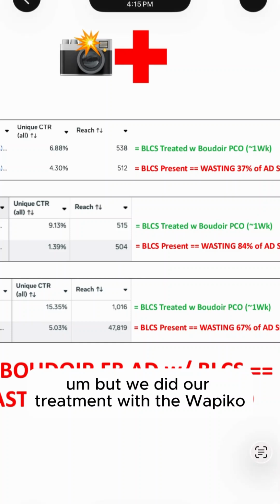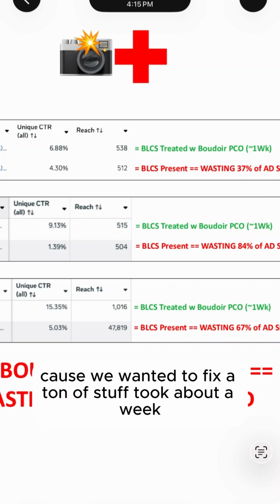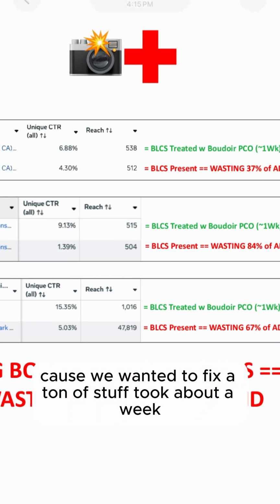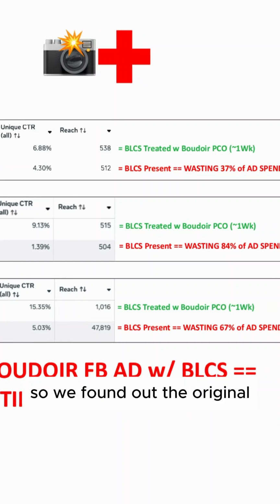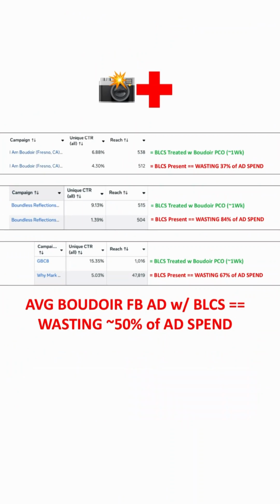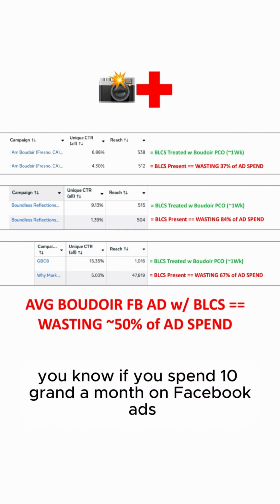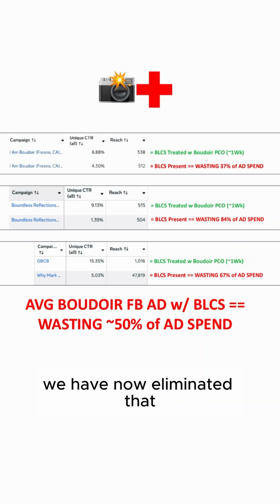But we did our treatment with Boudoir Pico because we wanted to fix a ton of stuff. Took about a week, got his unique CTR up to 15.35%. So we found out the original Boudoir Facebook ad was wasting 67% of ad spend. And as a result, if you spend 10 grand a month on Boudoir Facebook ads, 6,700 bucks a month is being wasted. We have now eliminated that.